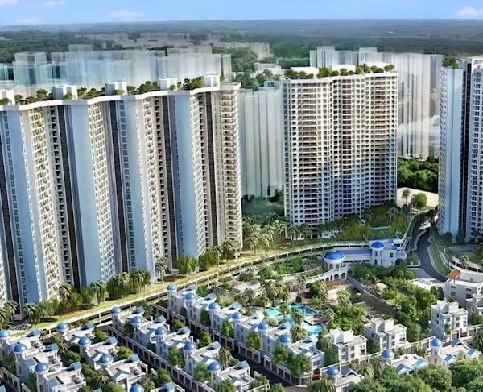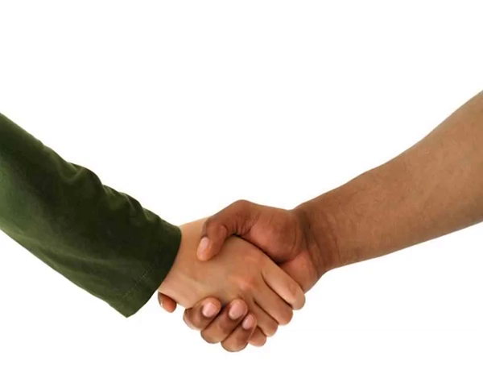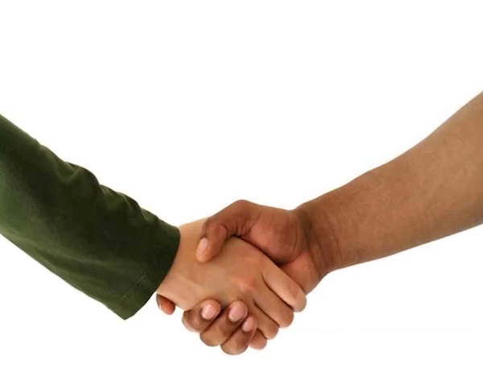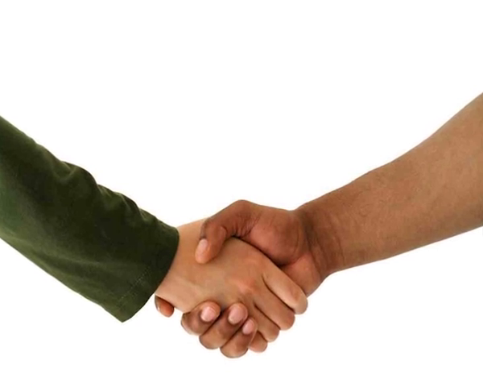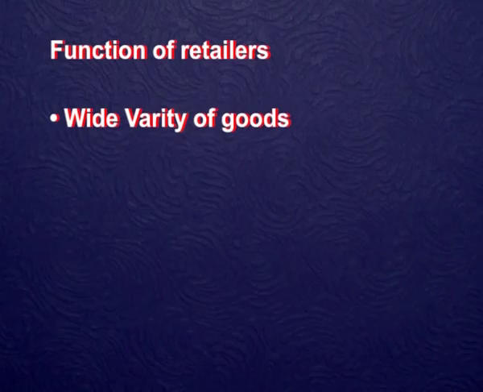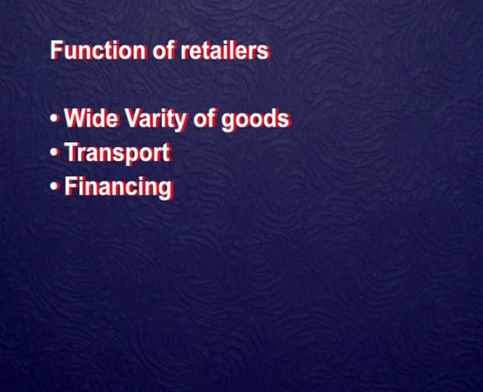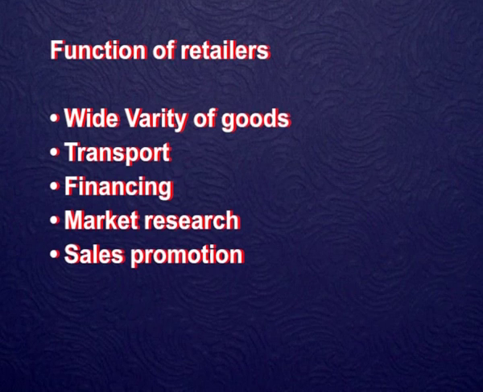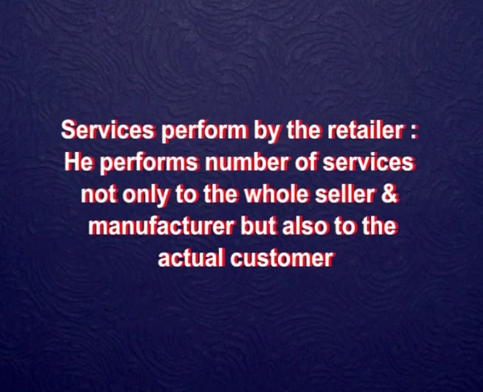They are generally located in popular residential areas. Retail business is organized on a proprietorship or partnership basis. Functions of retailers: wide variety of goods, transport, financing, market research, sales promotion.